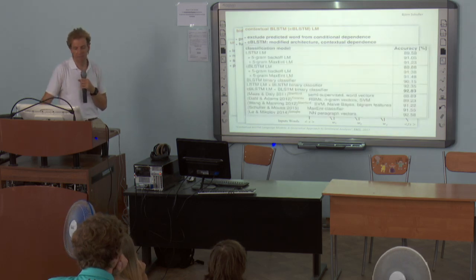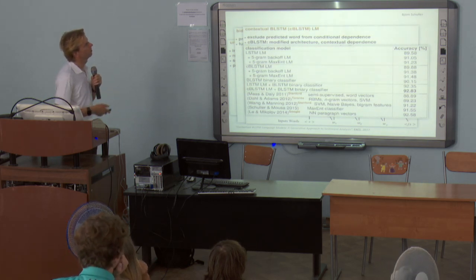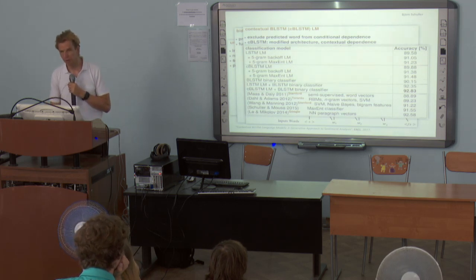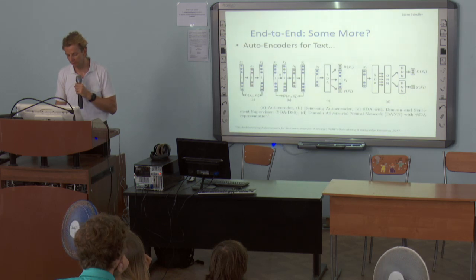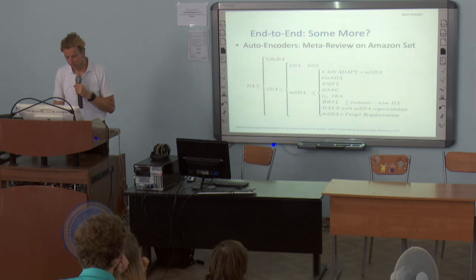We used this, for example, in sentiment classification and got the best result, also over other deep learning approaches, on the Twitter corpus with such a generative LSTM approach. But that is by far not the only way you can do it. There are 1,000 variants of autoencoders for text out there, which I will not go into detail here.